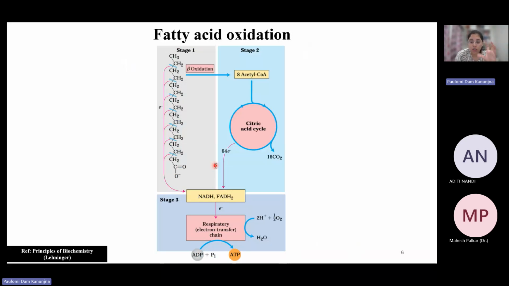The first stage is where the long chain fatty acid is oxidized to yield acetyl residues in the form of acetyl coenzyme A. It already has a coenzyme A. These will all get oxidized and form acetyl coenzyme A.